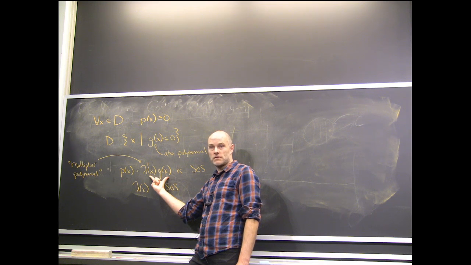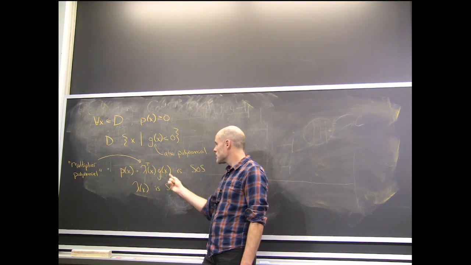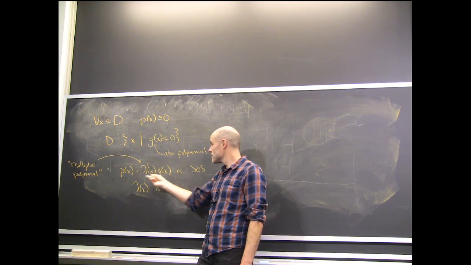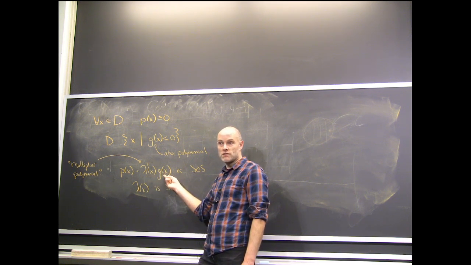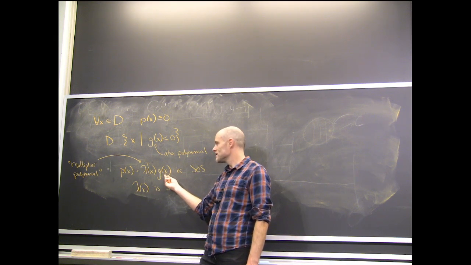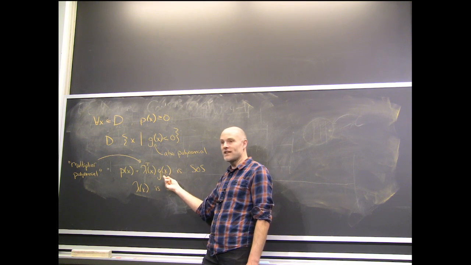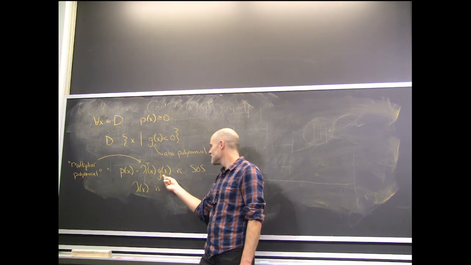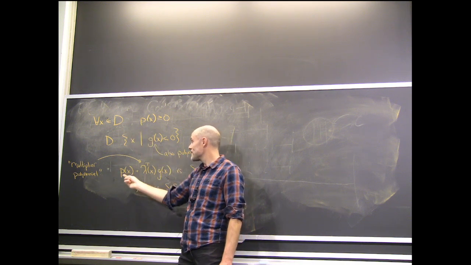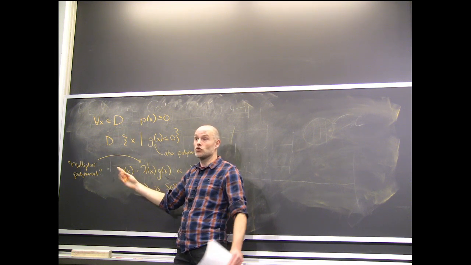Does that make sense? This thing hurts you when you're in the region and helps you when you're out of the region. And if you manage to, with that helper outside and adversary inside, if you will, still be sums of squares, then you've certified that. And you can certify that even when p of x is not globally positive.